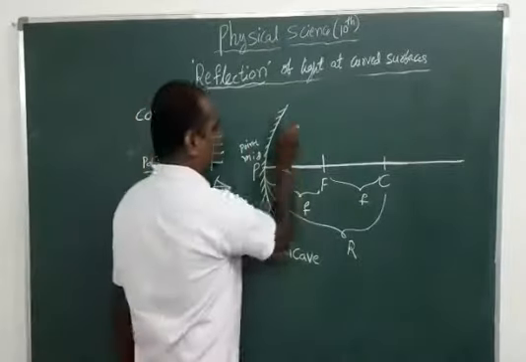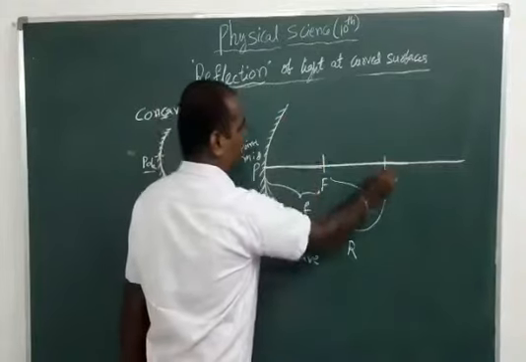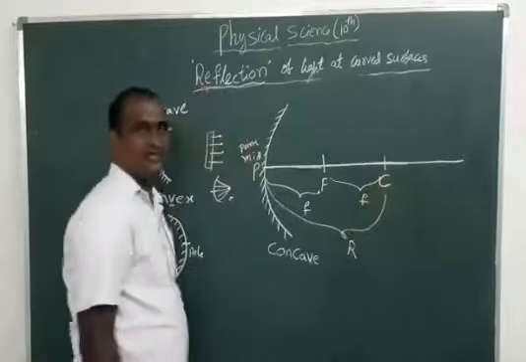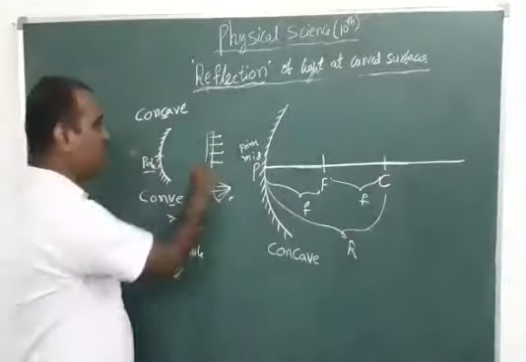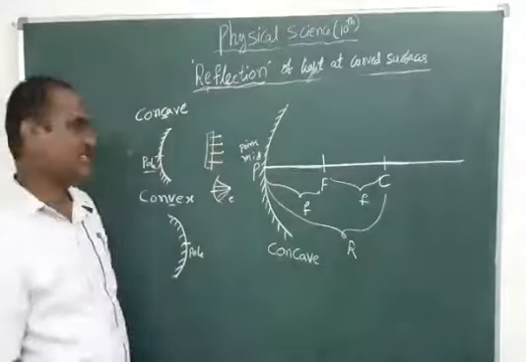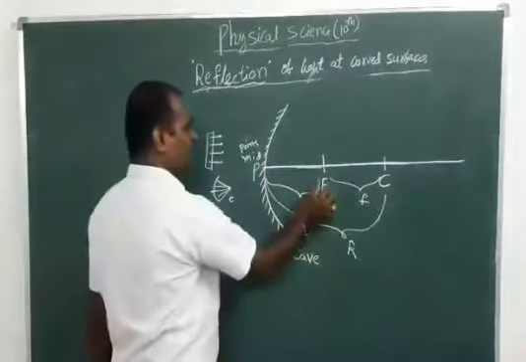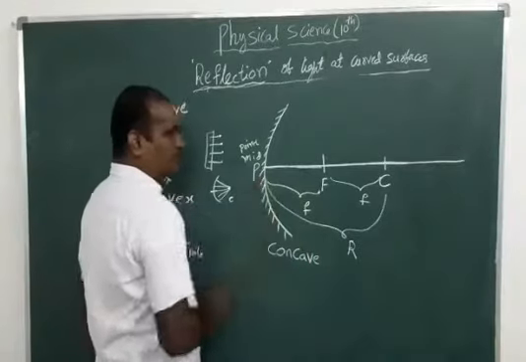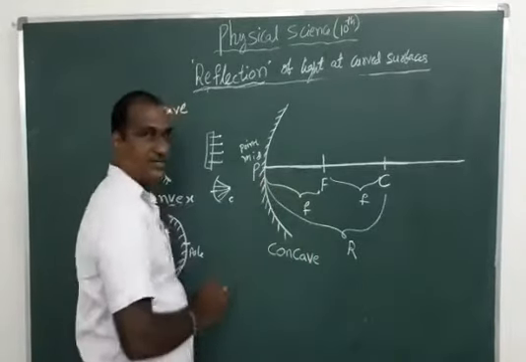Next, the point where all these pins join is called the center of curvature of the mirror. These all pins joined give us the center of curvature. Next, how to find the focal length. Before finding the focal length, we have another part.